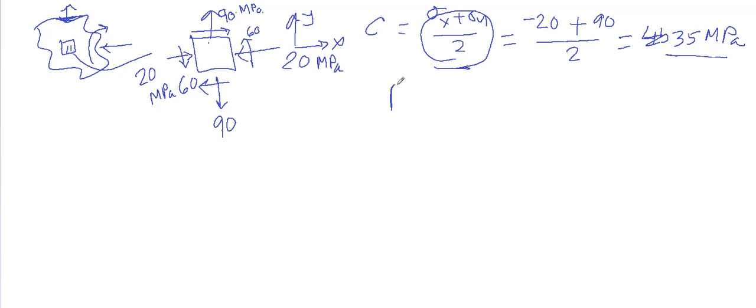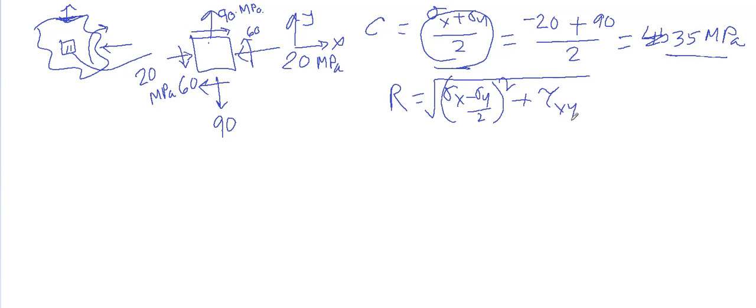Now we'll see how to find the radius. So the radius equation is the square root of sigma x minus sigma y divided by 2, squared, plus shear stress squared. So this is the equation to find the radius. What is my sigma x? Sigma x is minus 20, and then what is my sigma y?